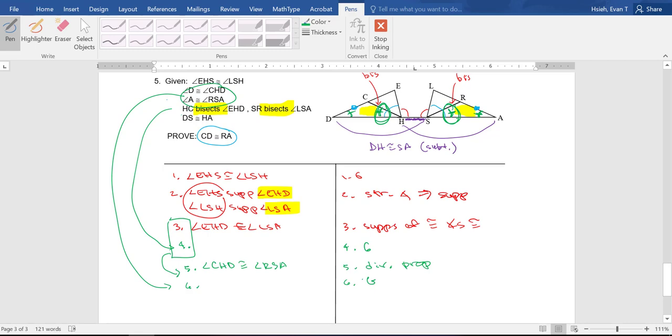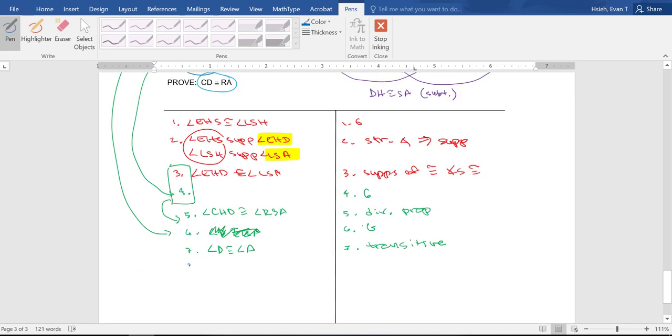Which more importantly, I know that I need angle D to be congruent to angle A. Step 7, angle D congruent to angle A, transitive property. Almost there, almost there. Now I can go with DS congruent to HA.